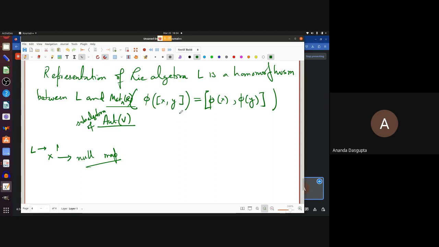There's a null map which maps every element of the vector space to 0. Is that an automorphism?